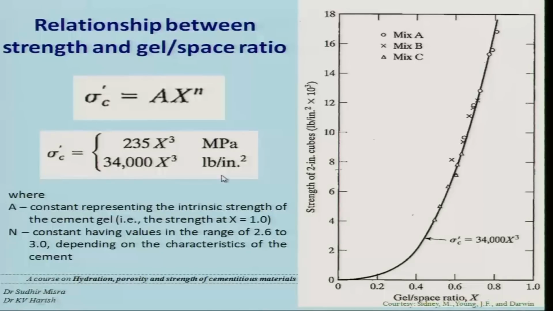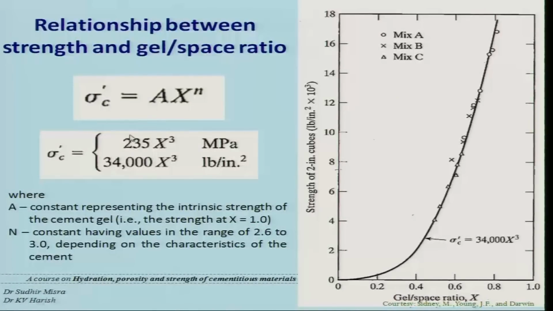So the same equation is provided here, and if you want to make these constants common, then the constants A and N are used. So when he tried different mixtures, what he found is that the constant N typically varied from 2.6 to 3 within a narrow range, and A typically is the constant representing the intrinsic strength of the cement gel, that is strength at x equal to 1.